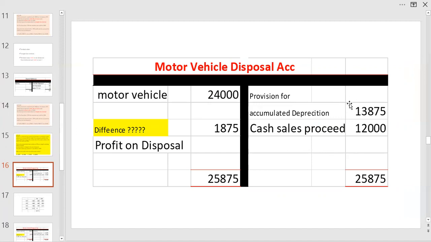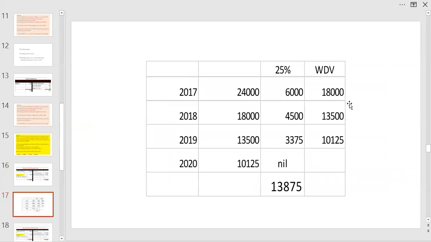Since the method of depreciation is reducing balance, in year 1, depreciation is 6,000. Therefore, in year 2, written down value is 18,000. Depreciation is 4,500, and therefore written down value is 13,500.